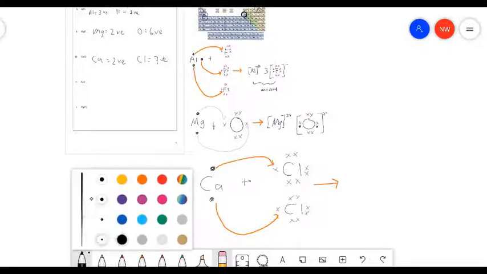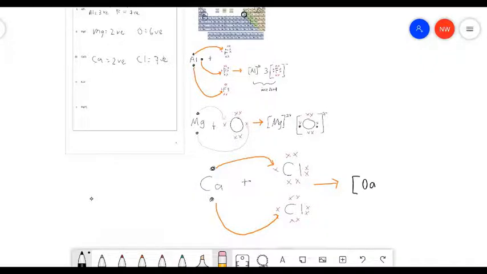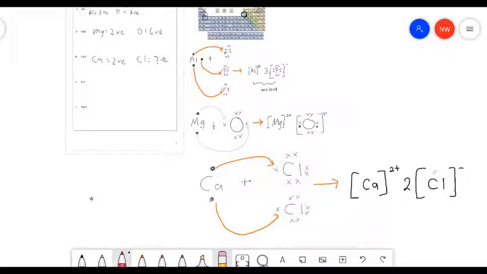So, kita akan dapat Ca bercharge 2 positif sebab hilang 2 biji electrons, and also dengan kita punya klorin, 2 biji klorin atom bercharge negatif sebab dia dah terima electrons daripada kalsium.